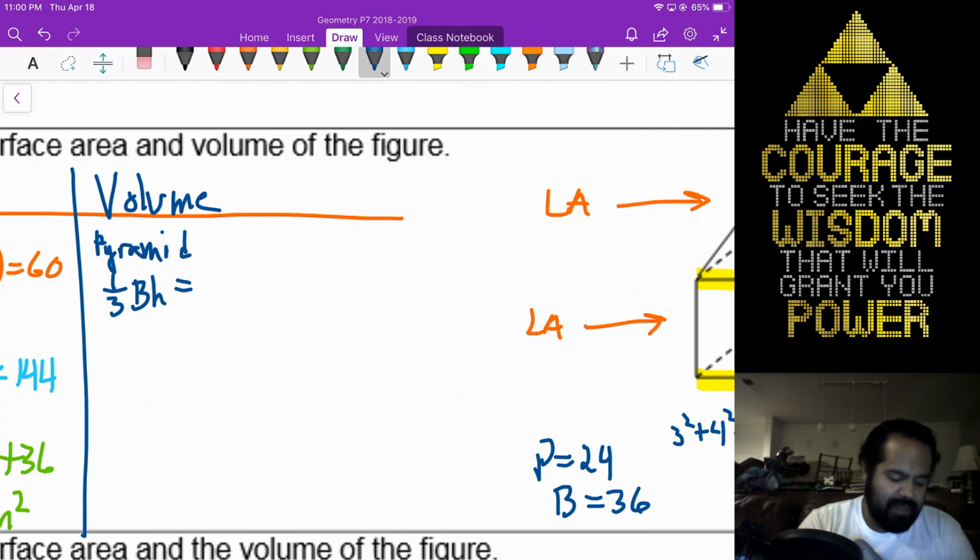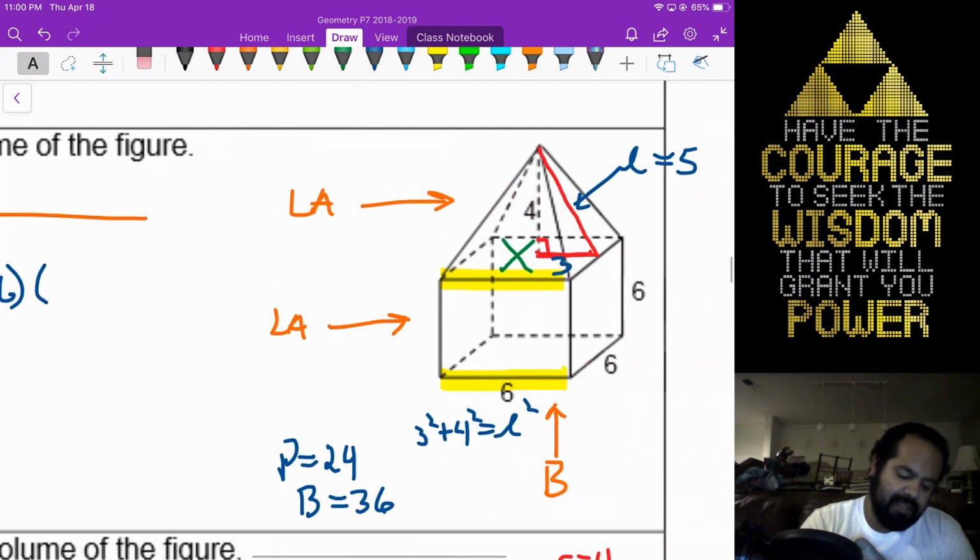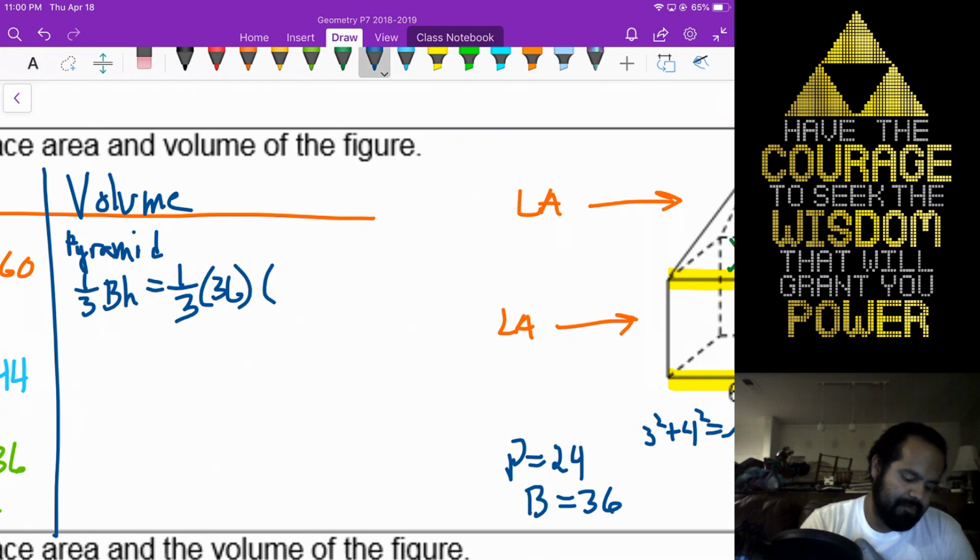So that's going to be 1/3 of 36 times our height, which I think was 4. Yep, 4. So 12, 24, 36. So 1/3 of 36 is 12. 12 times 4 is 48.